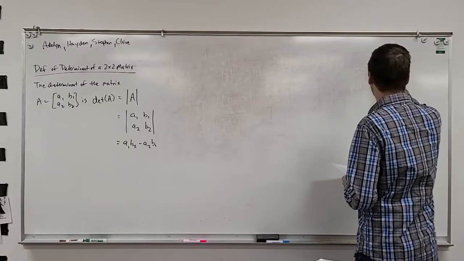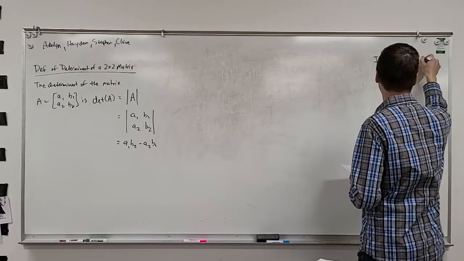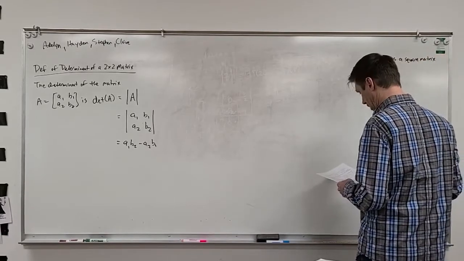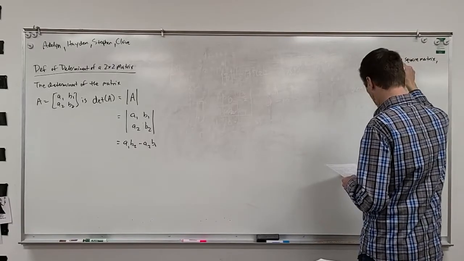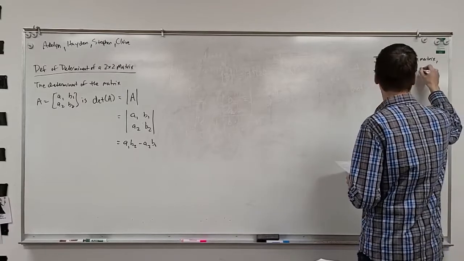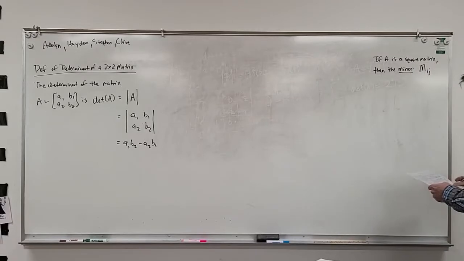If A is a square matrix, then the minor, to define that term, and we're going to write that as capital M, little i, little j, subscript there.